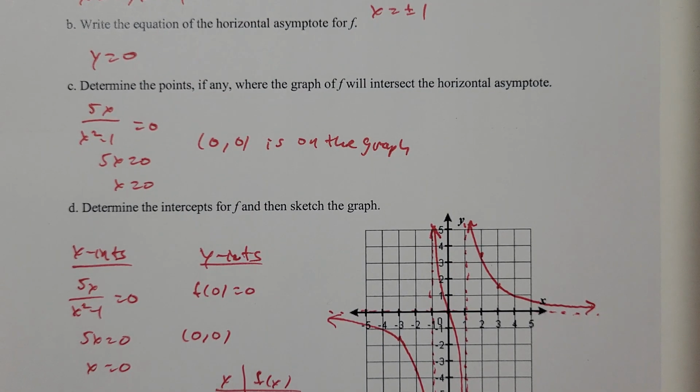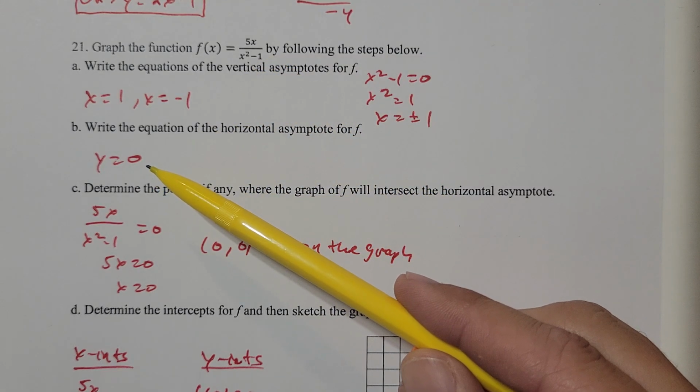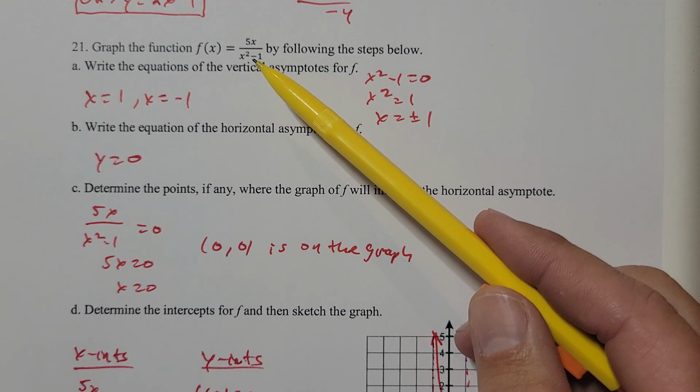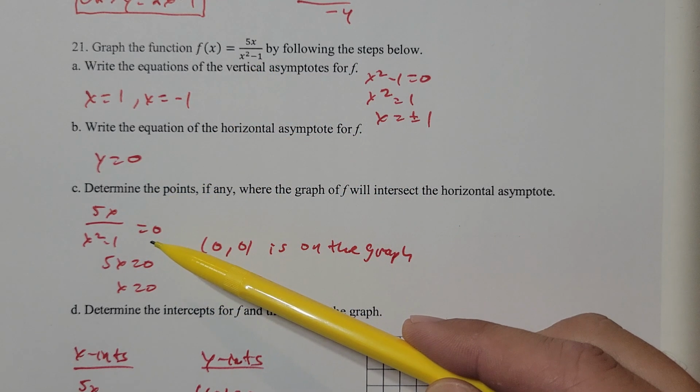Part C, we want to determine the points, if there are any, where the graph will intersect the horizontal asymptote. A graph can cross an asymptote. That can and will happen. The way to know that is if I set the function equal to the asymptote, and then I solve the equation. So let's go ahead and do that. We got 5x divided by x squared minus 1 equals 0.